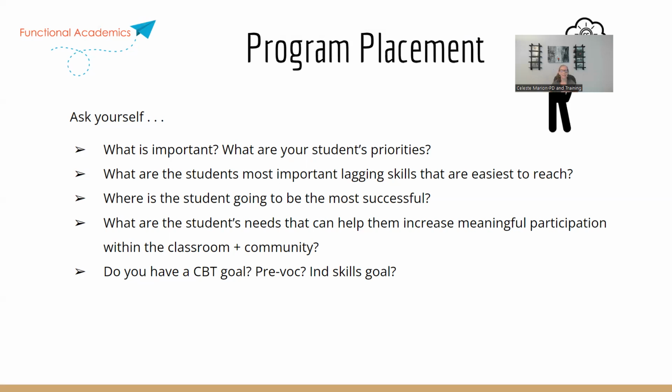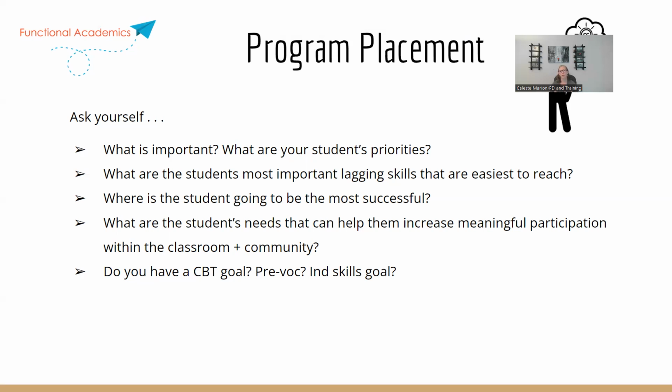Okay. What are the students' needs that can help them increase meaningful participation within the classroom and the community? Well, let's look at those sight word lists. The lists from 4 through 6. A lot of them have to do with community, shopping, words around the neighborhood. Is that a goal or a priority for you? Is that a goal and a priority for the student's family, to have meaningful participation?